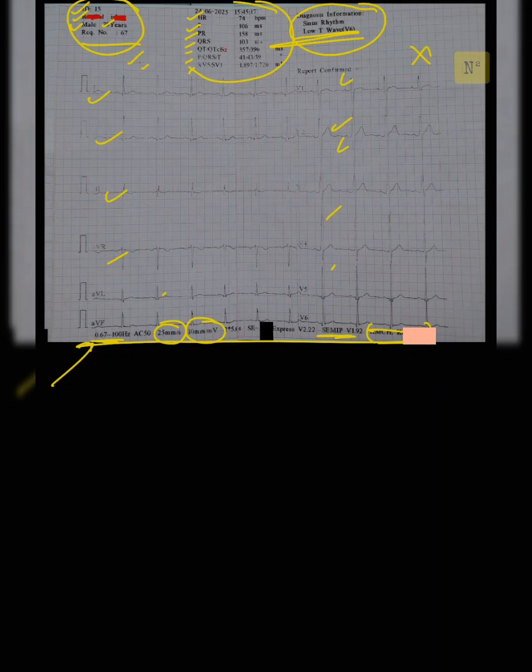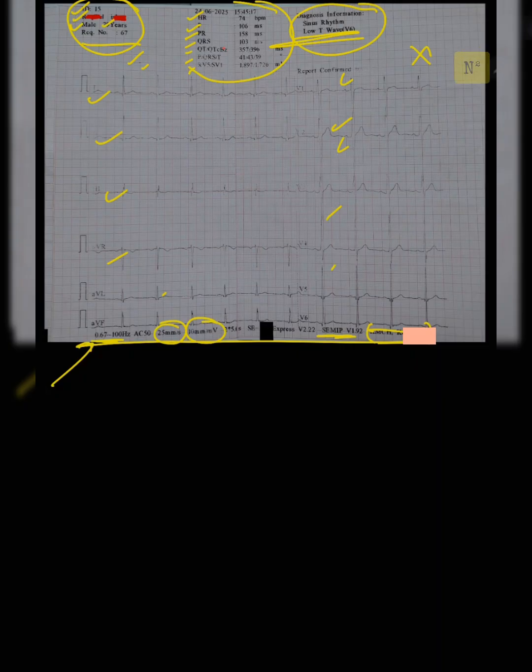So it has to be done in a perfectly ideal condition. There should not be any metallic instruments or gadgets or metals attached to the patient, and it should not be interfering with any other electrical gadgets around the vicinity. It should be done in ideal conditions, but that's not possible.